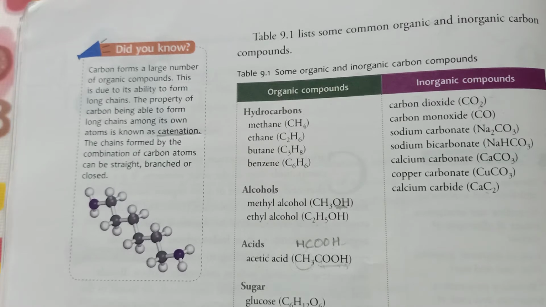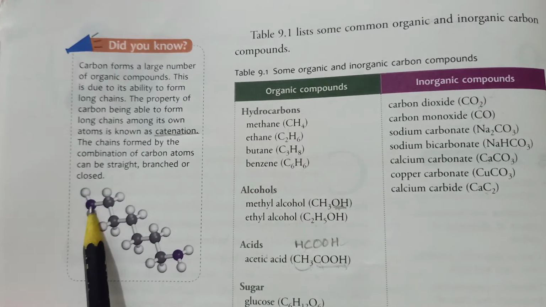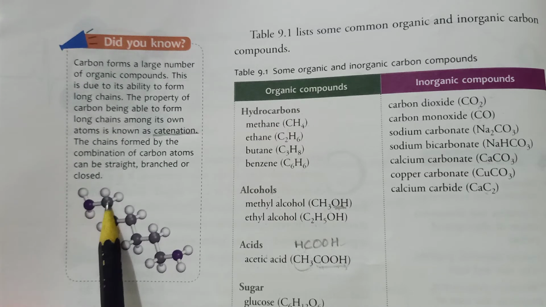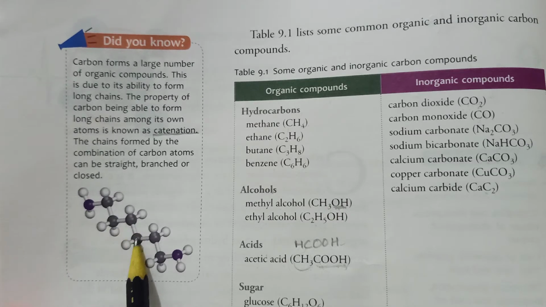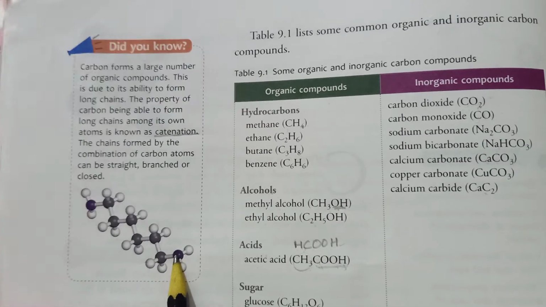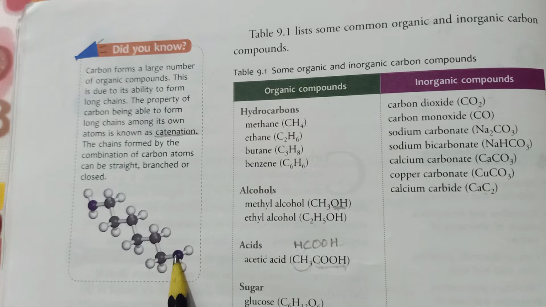So carbon can form a long chain by attaching one carbon with another carbon and so on, like this. This is a carbon atom, and one carbon atom can link with another carbon atom. This carbon can link with another carbon. In this way they can combine with any number of carbon atoms, forming a long chain.